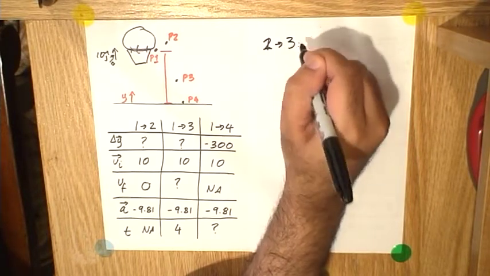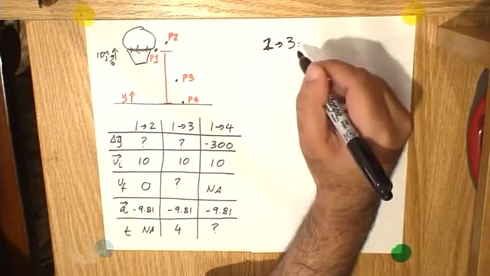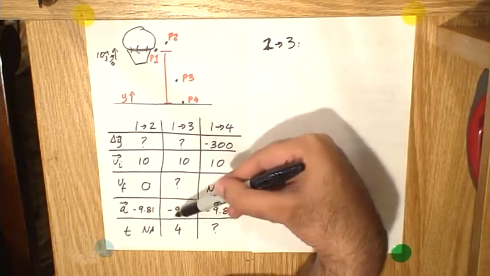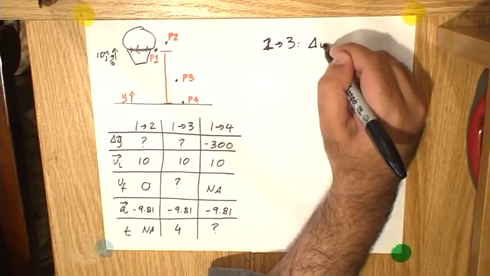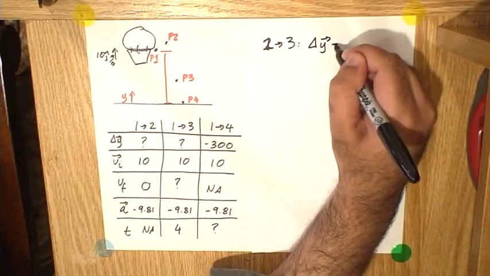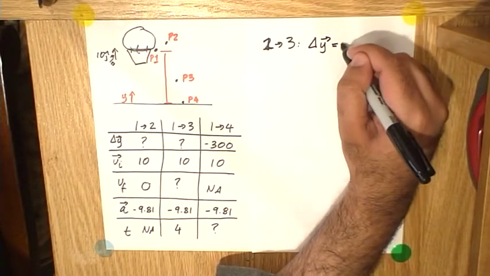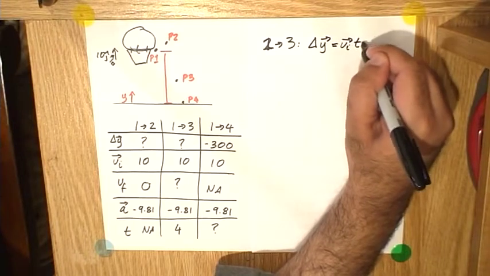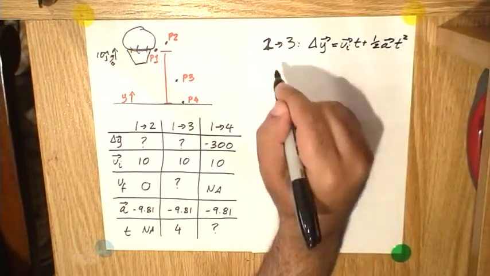So from 1 to 3, we know the initial velocity, the acceleration, the time. We're looking for the displacement. Toolbox equation 2 will solve that for us. So delta y is equal to v initial times t plus 1/2 a t squared.